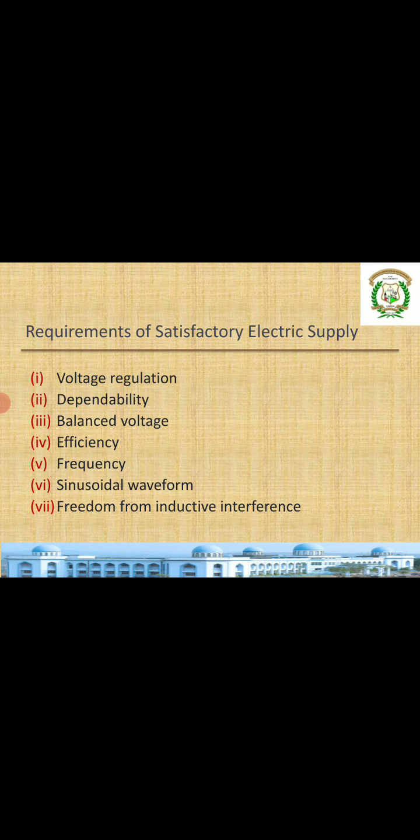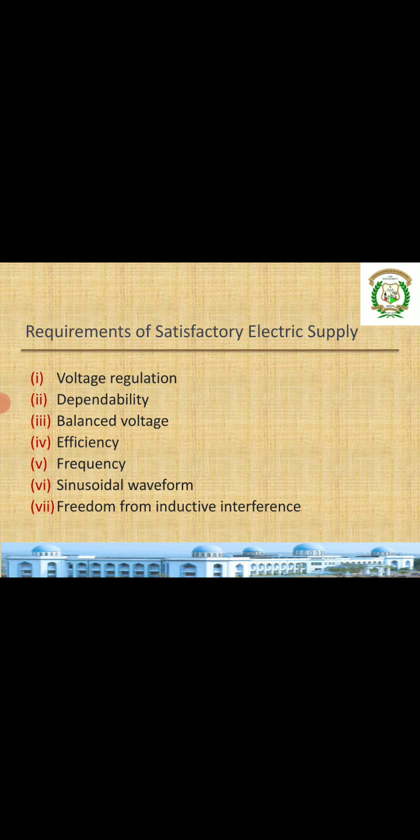As the efficiency is good, the cost of the actual energy will decrease. Otherwise, if the efficiency is less, most of the power is getting lost, so you need to pay a high amount for less power. So efficiency should be good.